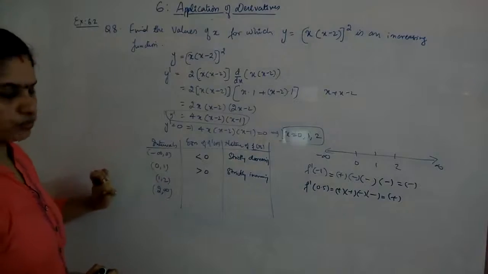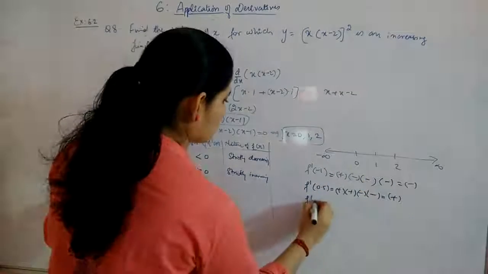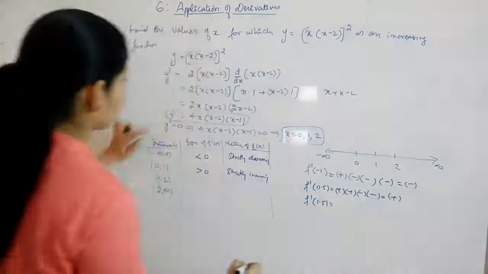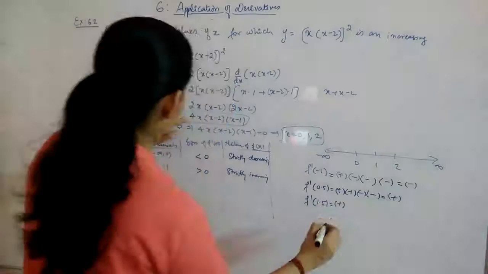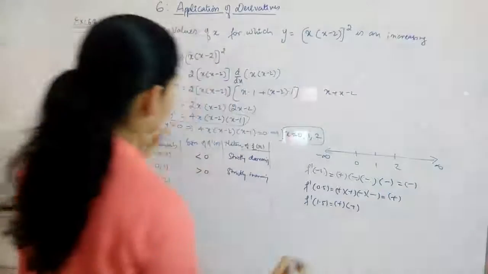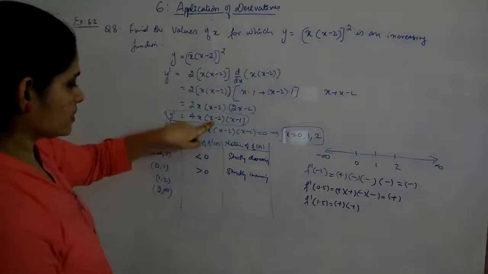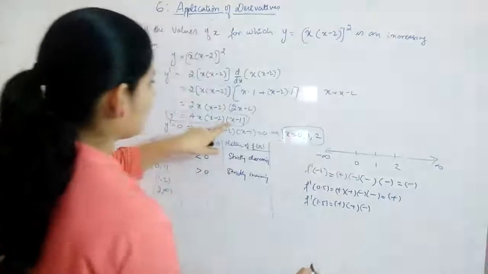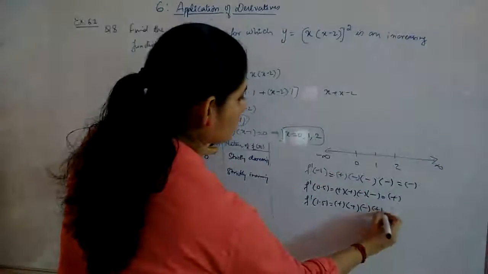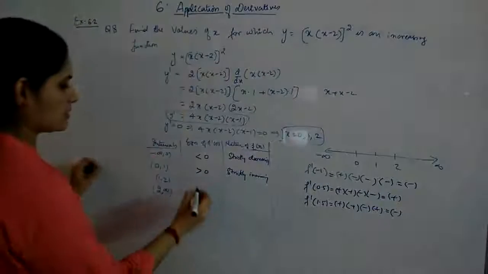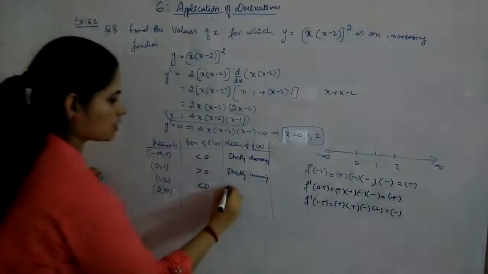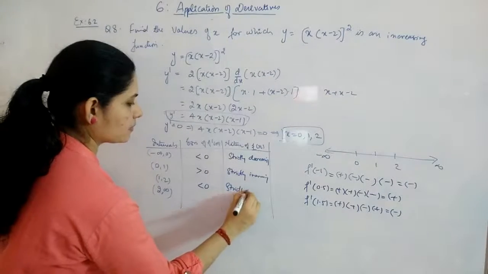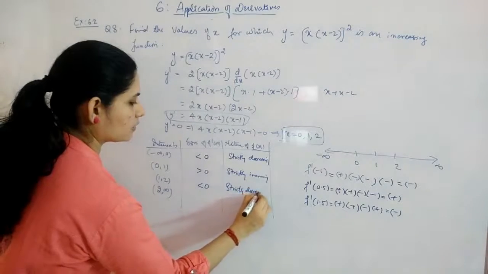Now 1 to 2. You can take 1.5. First one positive, second one positive, third one, since we have taken 1.5, this is negative, and here you have positive. That means in total you are getting a negative sign, less than 0, strictly decreasing.